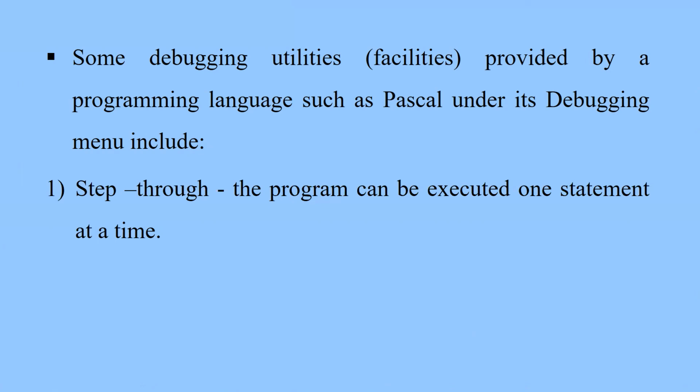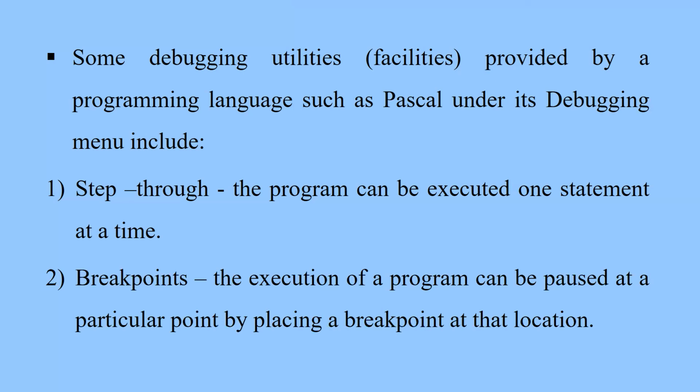Number 1 is the step through submenu. It indicates the execution of your program one step or one statement at a time. So when you click on step through, your program is executed one statement at a time, and therefore you are able to see which statement has a problem.